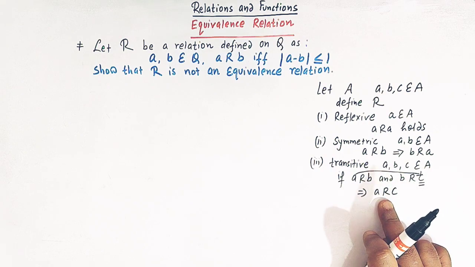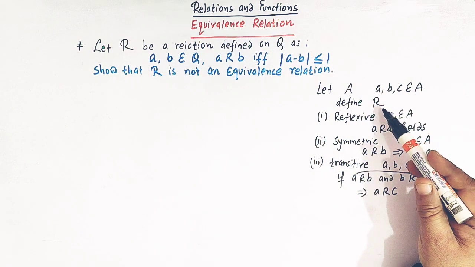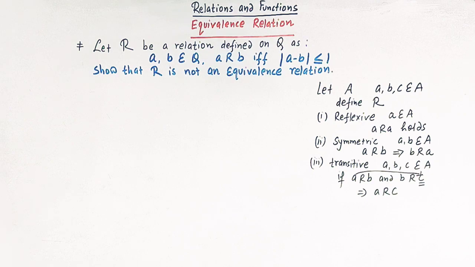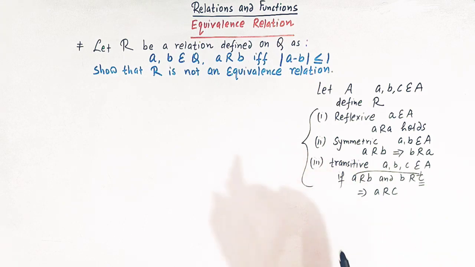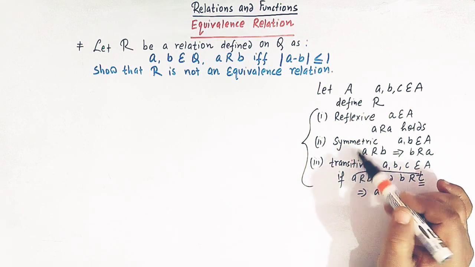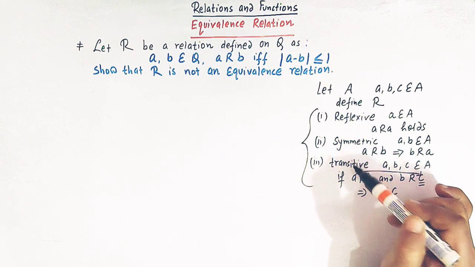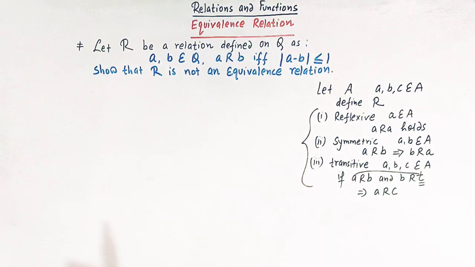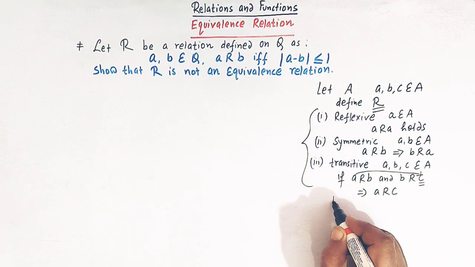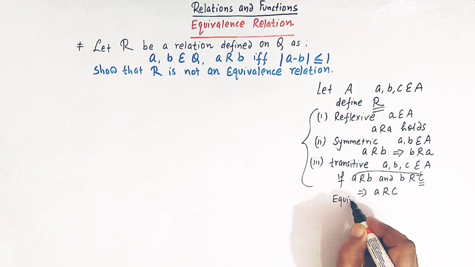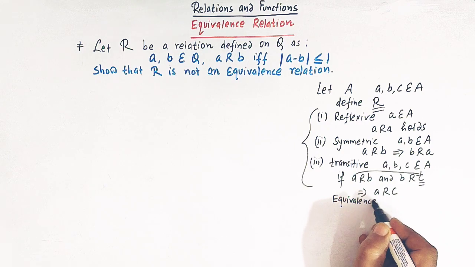So when this happens, the relation R is said to be transitive. And in a set A, if all these three relations, reflexive, symmetric, and transitive, hold, then we can say that this relation R is an equivalence relation.